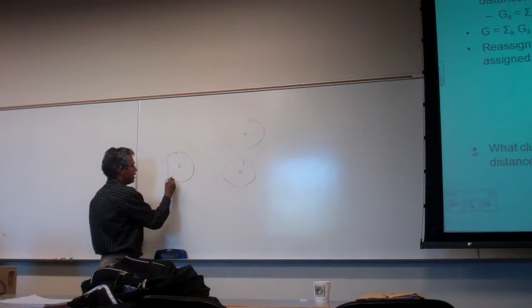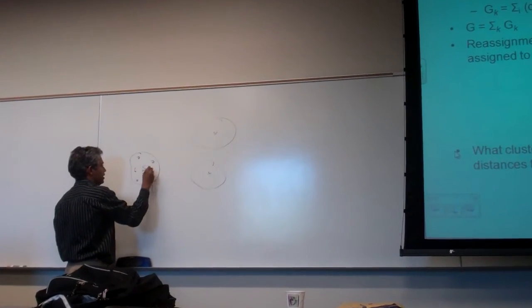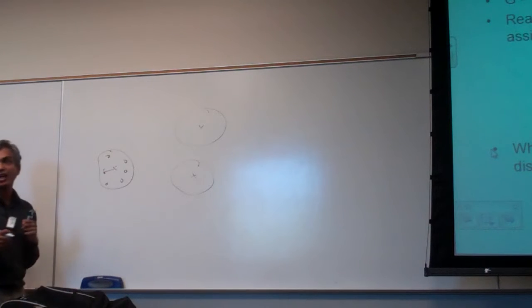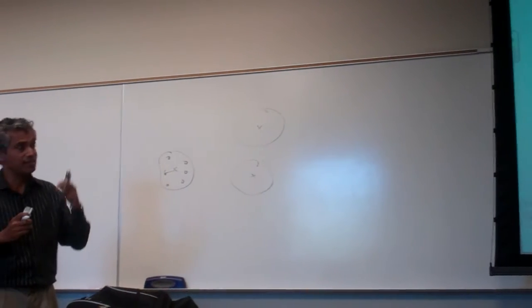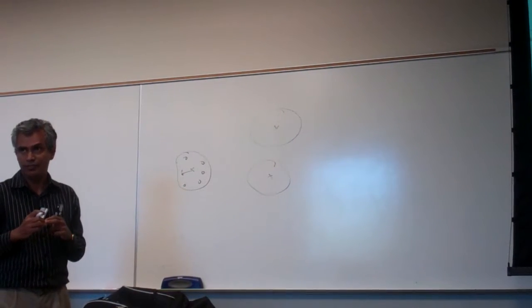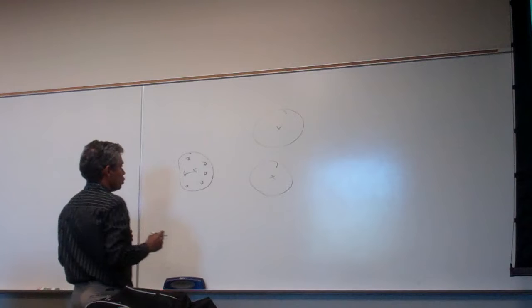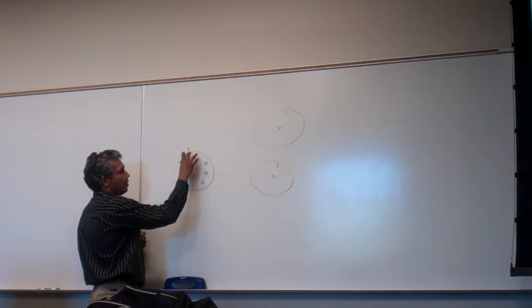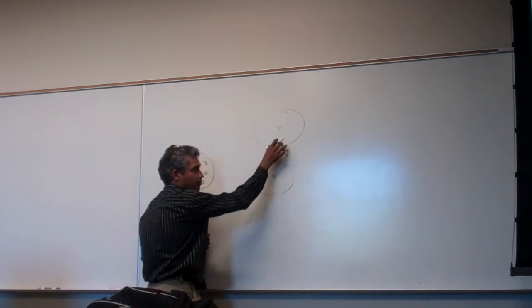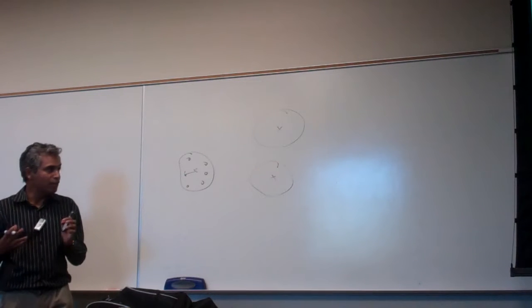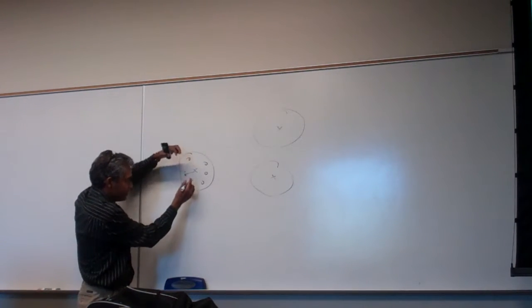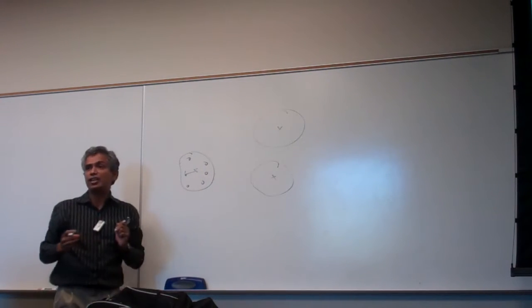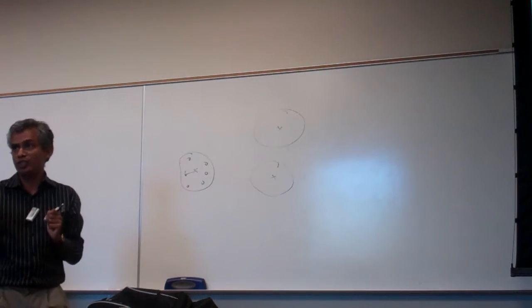You take each point in the cluster and the distance of that point to the centroid, and sum those distances, in this case actually the sum of squares of those distances. You add them all up. If this cluster is very tight, that means everybody is close to the centroid, and this sum would be close to 0.